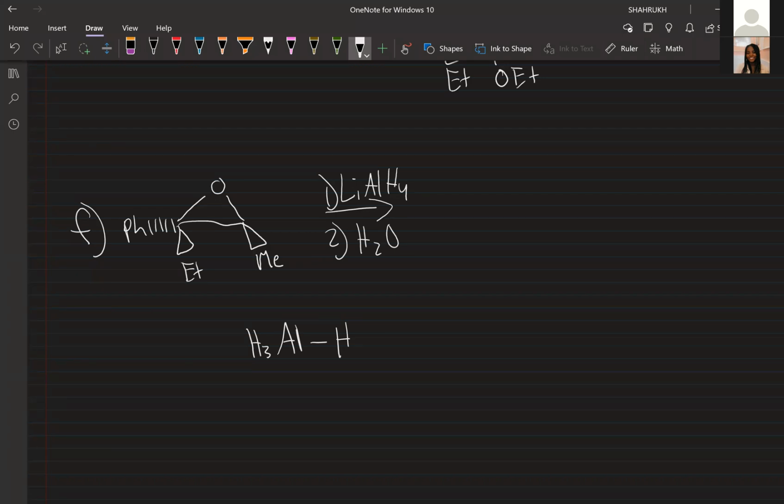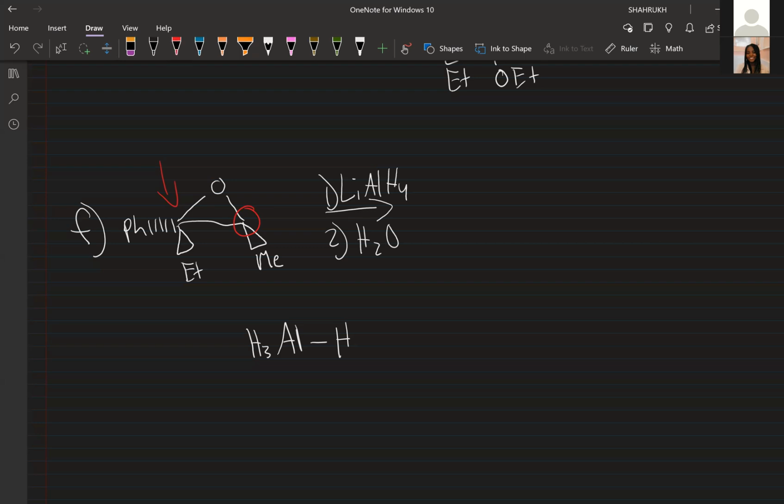Once again, you have what we could call a quaternary center. This has 1, 2, 3, 4 groups, and this has only 3 groups. So the only position it can attack is this one. It can never attack at this position, because it already has 4 bonds, so if you attacked here, it would be too sterically hindered.